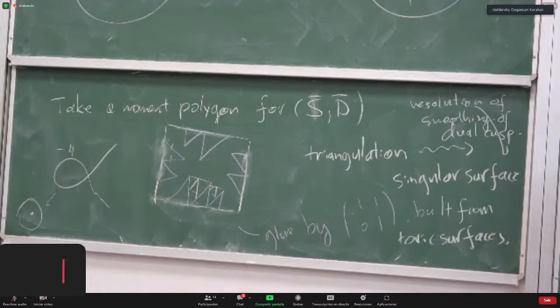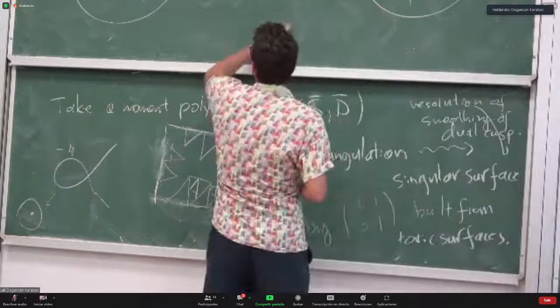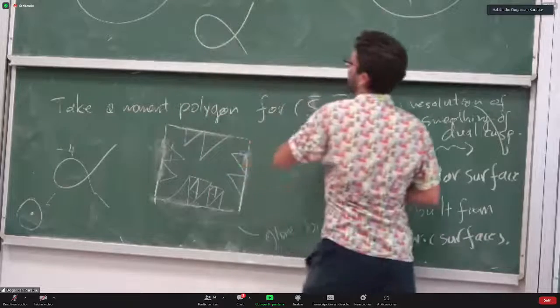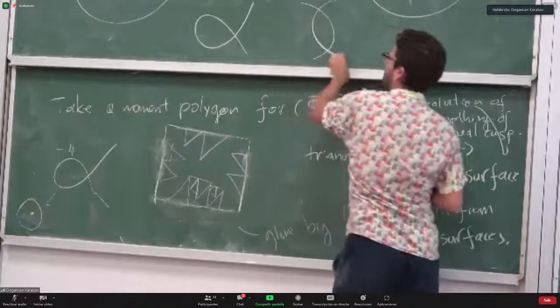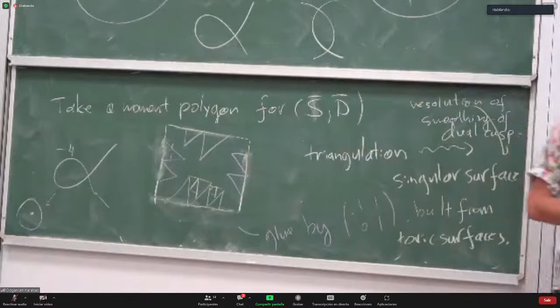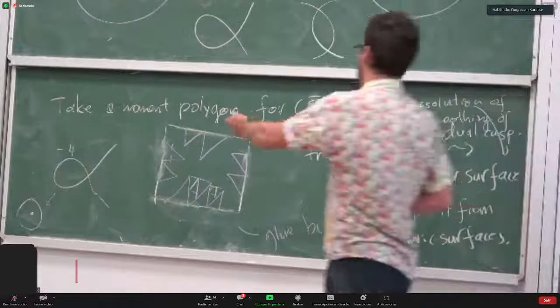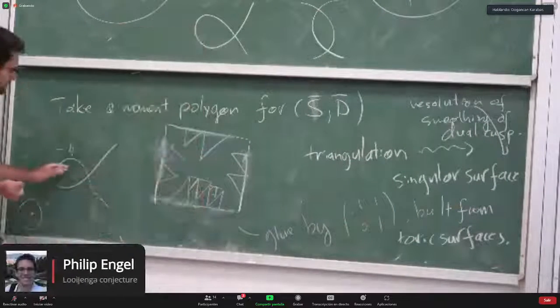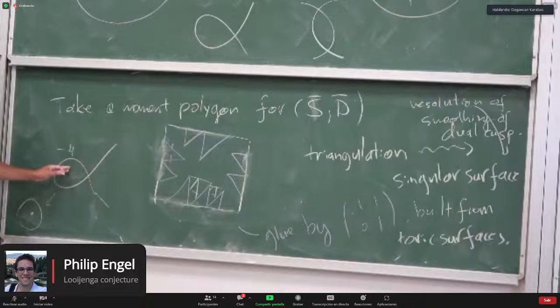Oh yeah, sure. I should have mentioned a cycle of length 1 is by definition like this. A cycle of length 2 is like this. And then beyond, it's just polygons. So for instance, this computation shows that this cusp singularity is smoothable.